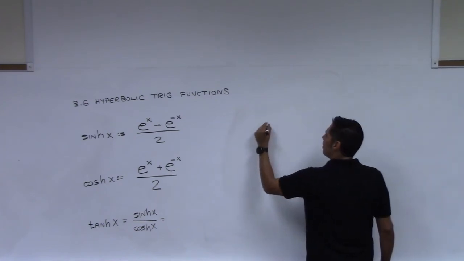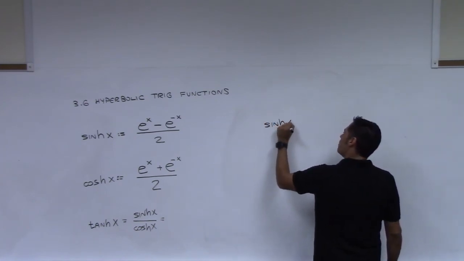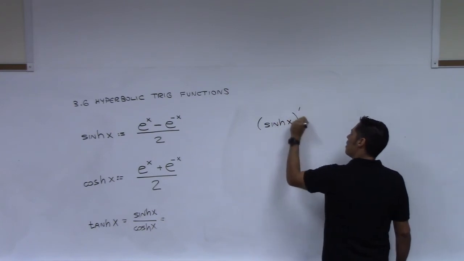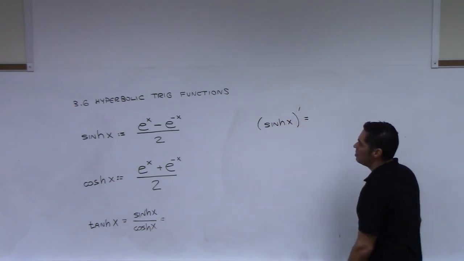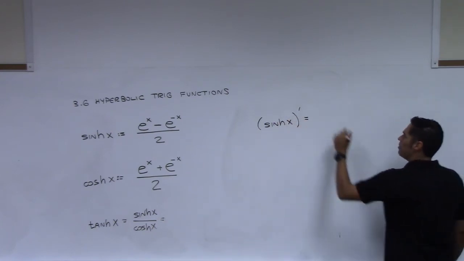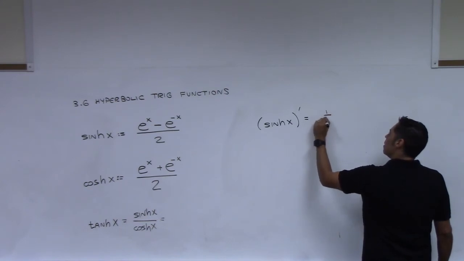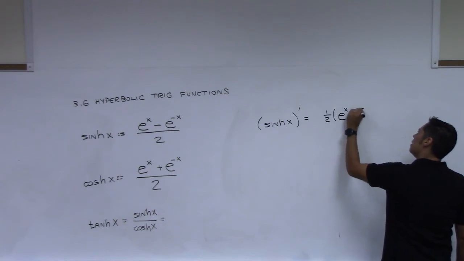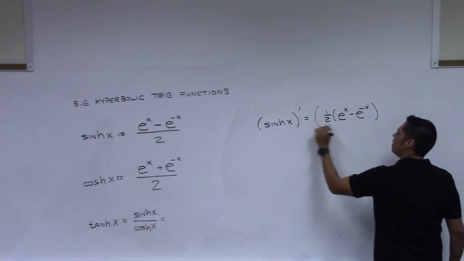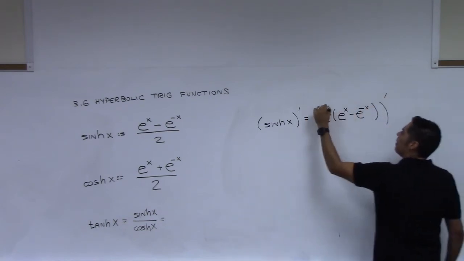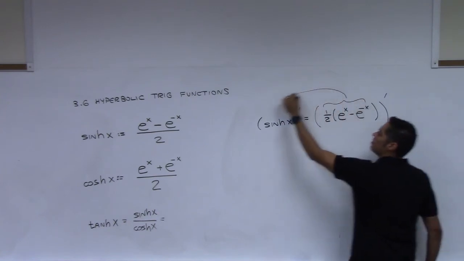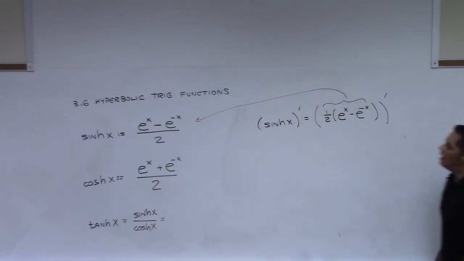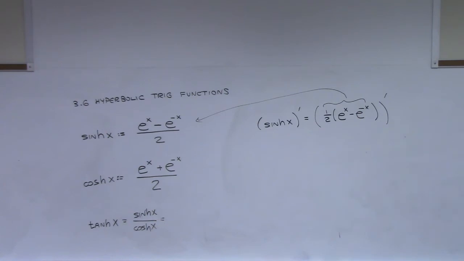What is the derivative of sine hyperbolic x? All right. Well, this should be pretty easy to do. Let me do something here. Does everybody agree with me that this in here is the same as this, right? I just pulled the 1/2 out. Yes?